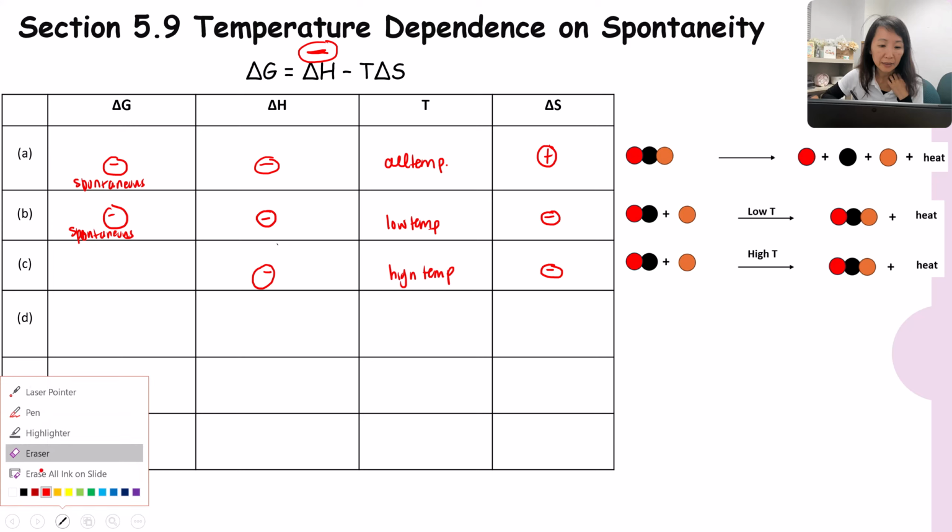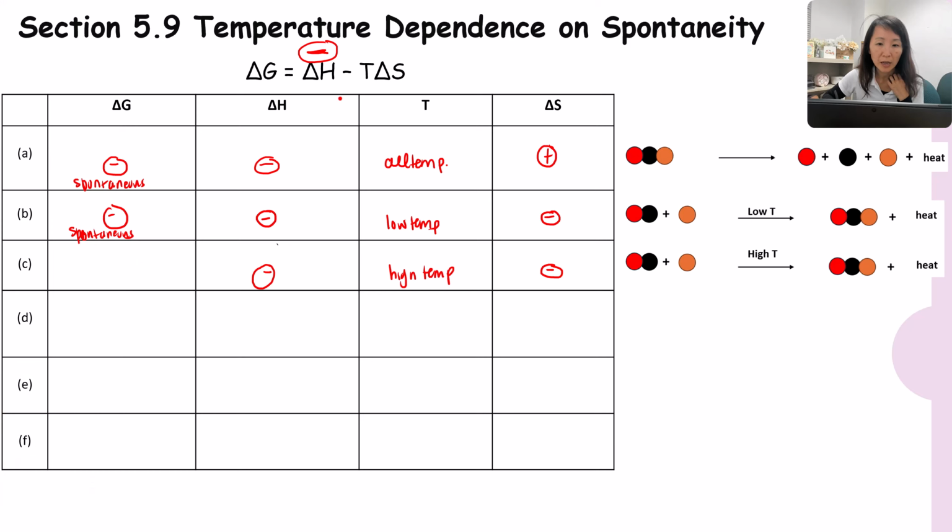Then when you multiply with its negative entropy, this becomes positive. If the temperature is super high, then the positive on this side will be much bigger. So that positive overpowers the enthalpy, causing the overall reaction to have a positive delta G, or be non-spontaneous. So in these 2 scenarios, it really depends.